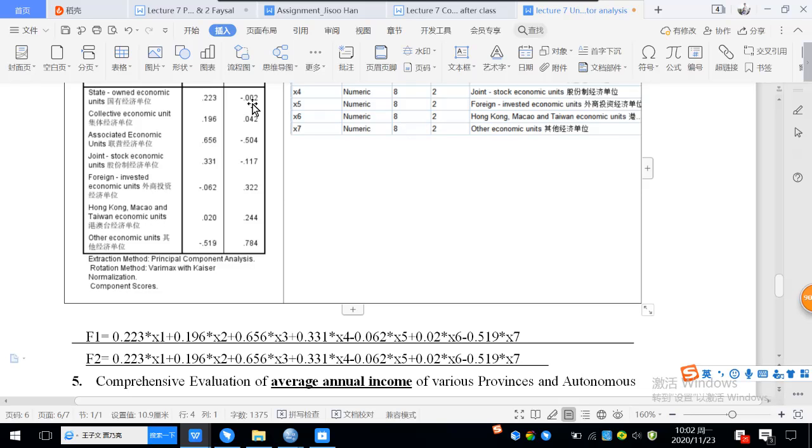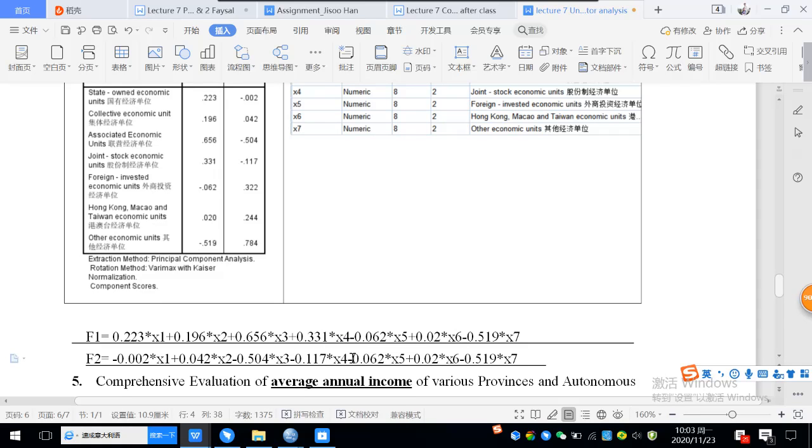Minus 0.002. Second is 0.042. Third minus 0.504 minus 0.117.